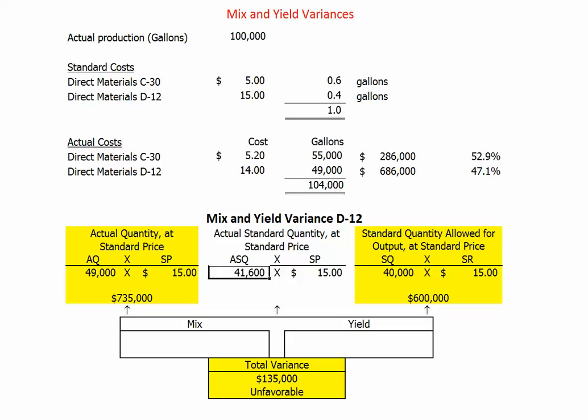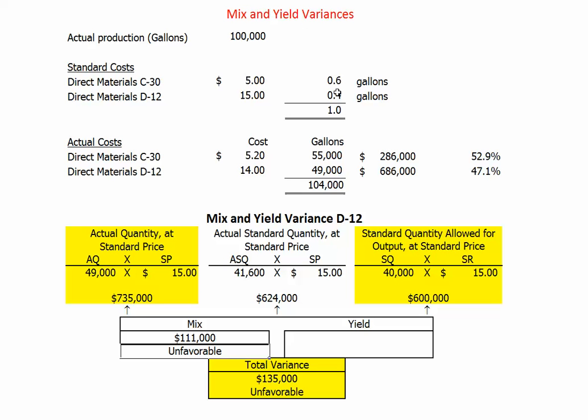Multiplying those two together, we get 624,000. So our mix variance is $111,000, and again, it is unfavorable because we have used more of D12 in our mix than we would have anticipated.